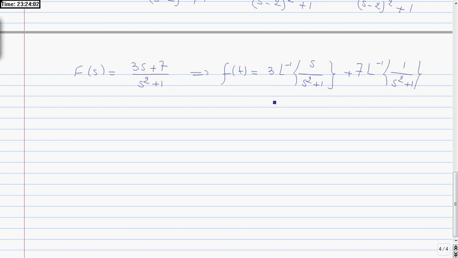So, using the table of Laplace transforms, we obtain 3 cosine t plus 7 sine t.